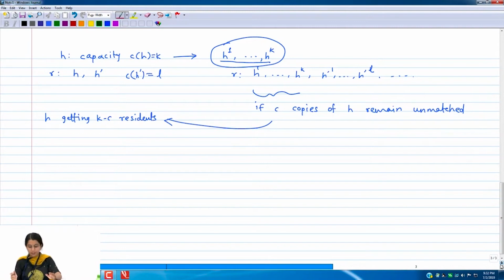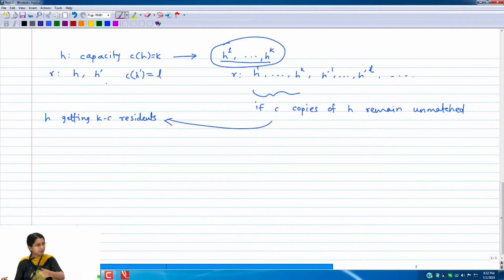Okay, so the one-to-one case tells us that the same number of copies of each hospital should remain unmatched in the one-to-one case. So the same number of residents should be matched to each hospital in any stable matching. Now I want to say that an even stronger statement is true, which we don't get from this one-to-one case.